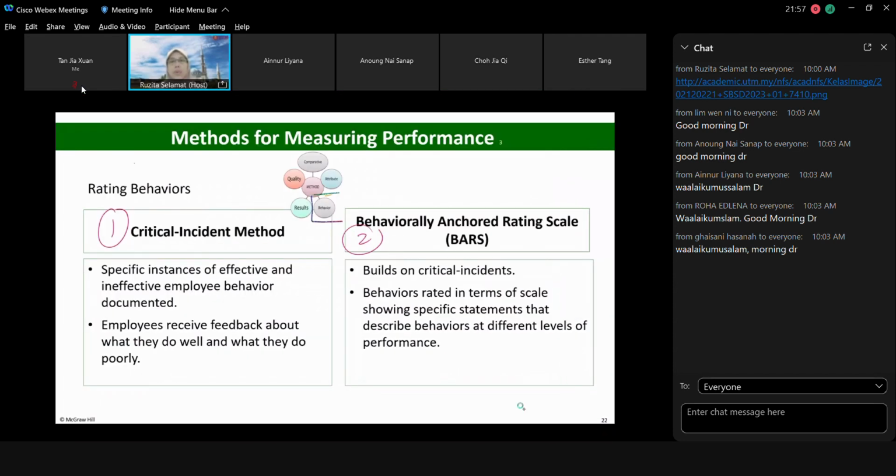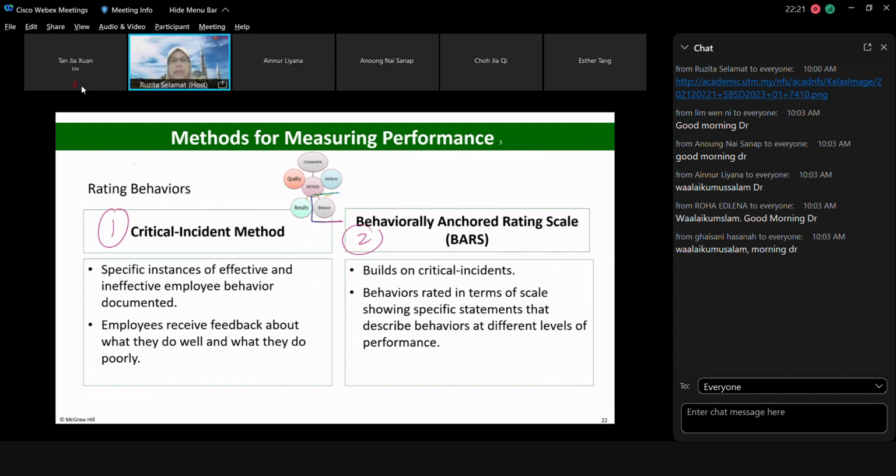So at the end of the process of this critical incident method, employees will receive feedback about what they do well and what they do poorly. That's where the term critical incident method comes in, meaning what are the critical incidents that represent good behavior? What are the critical incidents that involve negative behavior?